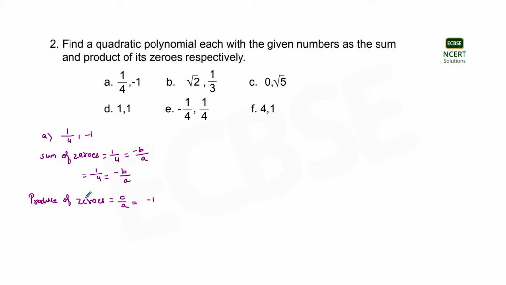But if we clearly see this statement, 1/4 is equal to -b/a, here the denominator a value is equal to 4, and we know that a can be one specific value, but cannot have two different values. In the second statement the a value comes out to be 1, but in the first statement the a value comes out to be 4.